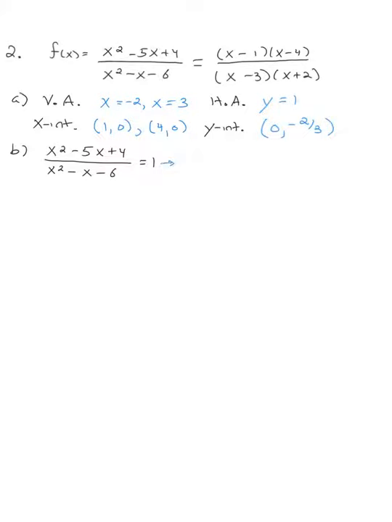So that is changing this to solve x squared minus 5x plus 4, where is that equal to x squared minus x minus 6? This will definitely have a solution. The x squared terms cancel, but if I add x to both sides, on the left I would get negative 4x, and if I subtract 4 from both sides, I get negative 10 on the other side.